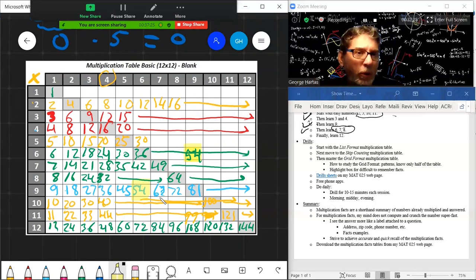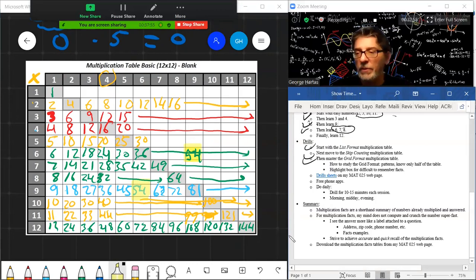So that way, when you're looking at this table and studying on the table, you can zoom in on the highlighted cells that give you trouble. Okay, so that way you can internalize them even more. So that's one little tip there that I can give you on how to create a table and help you to really work on the problem facts. Okay. All right, so we got that.